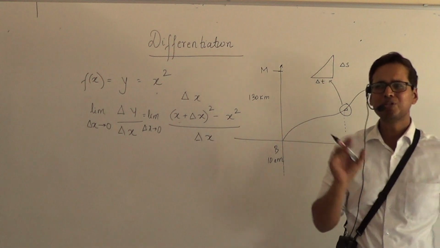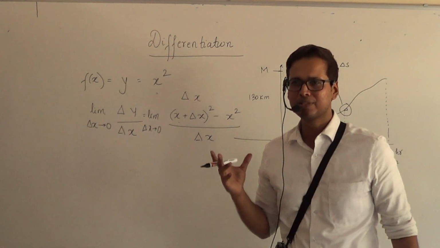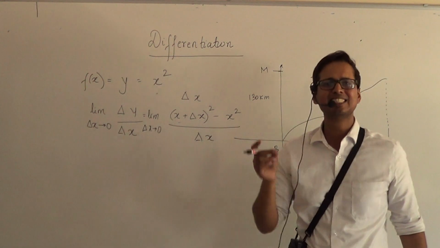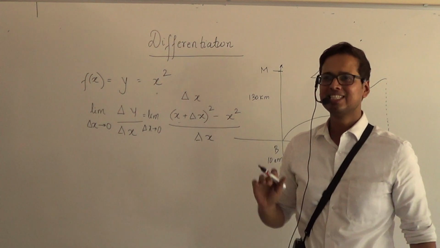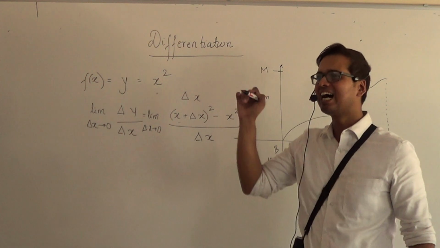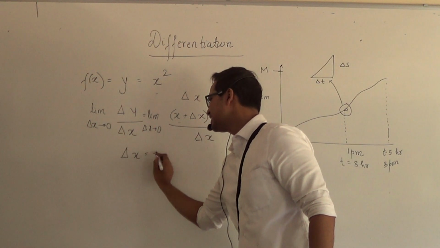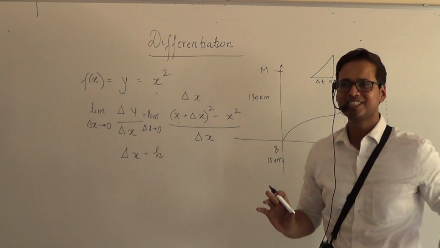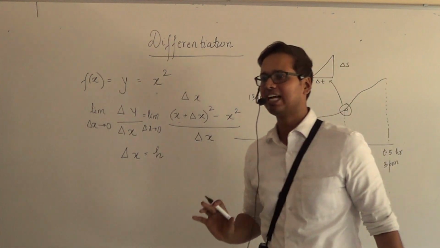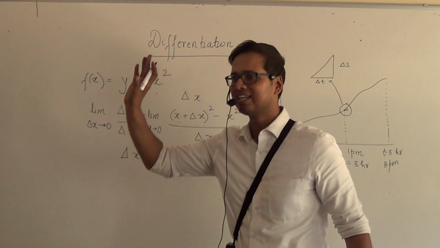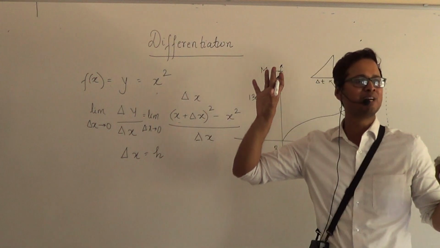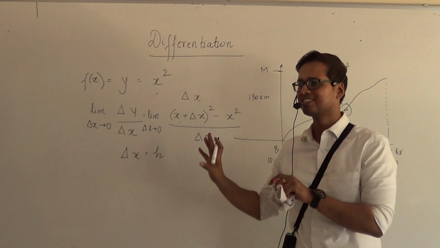Okay. Now in order to write less, I'm a lazy person, so I will write my delta x as h. Just so that I don't have to write delta and x. It's not that I'm trying to change the concept, I'm just making my life easy. I'm using the letter h for delta x. Everybody's fine with that? If anybody wants delta x only, I can use delta x.